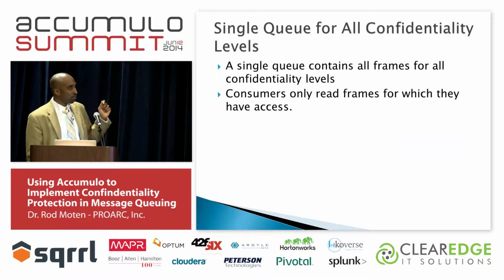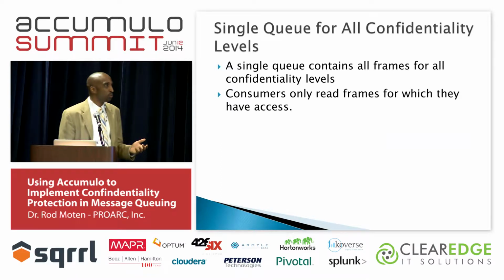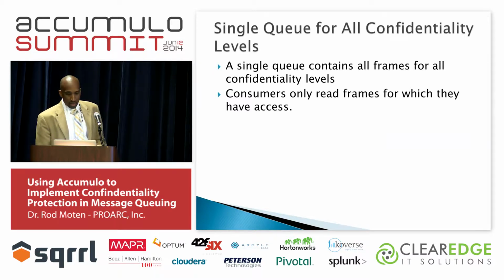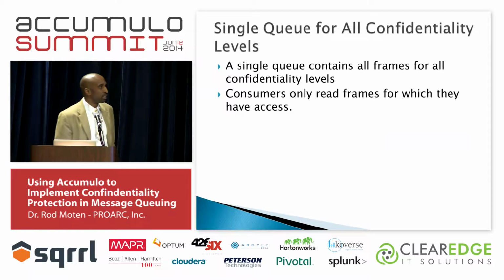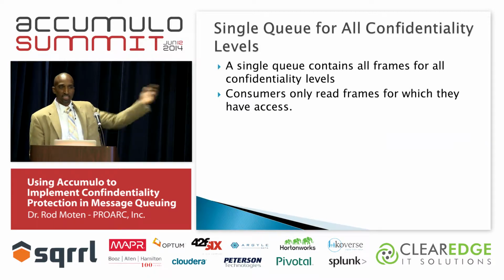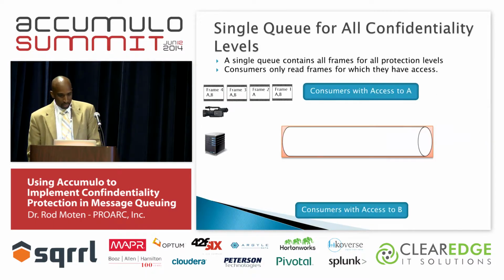So what we really want is a single queue for all confidentiality levels. In this case, that single queue will contain all the frames, right? And then consumers will only be able to read frames for which they have access. So this is essentially an Accumulo table, right? I'll quickly go through this animation.